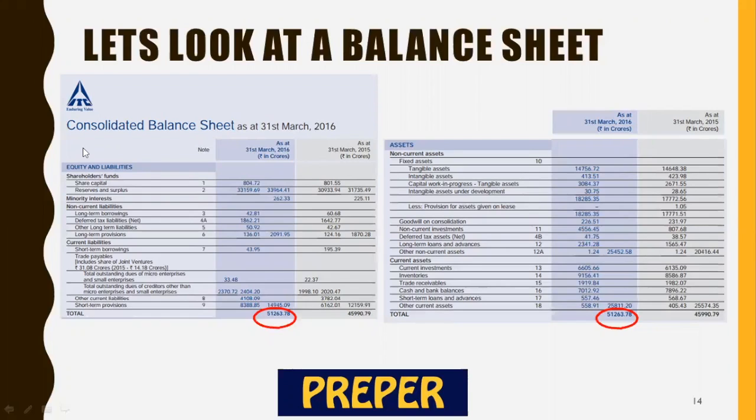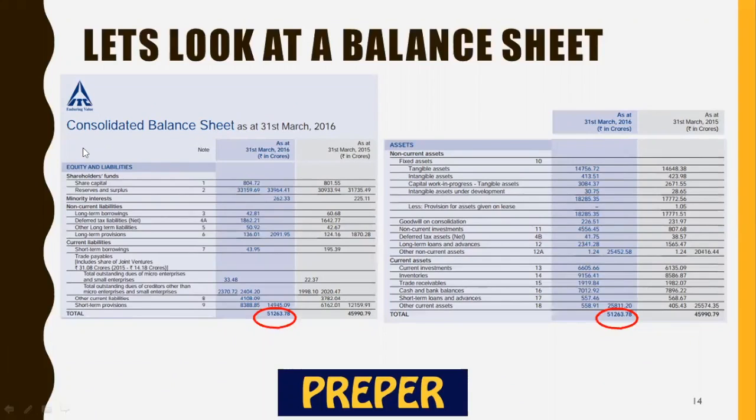And we've just pasted a snapshot of their balance sheet to look at how it looks, and if there are any terms which we have not understood, or which we have not looked at during the course of the content that we have provided to you.